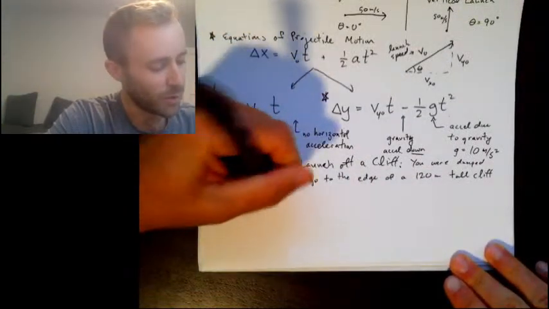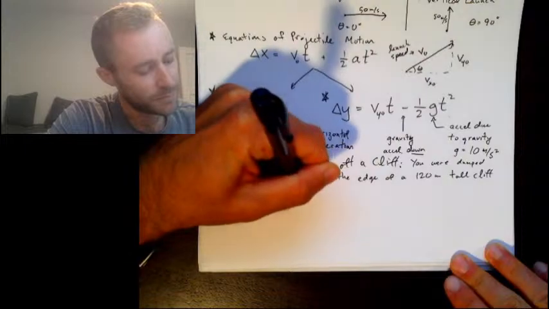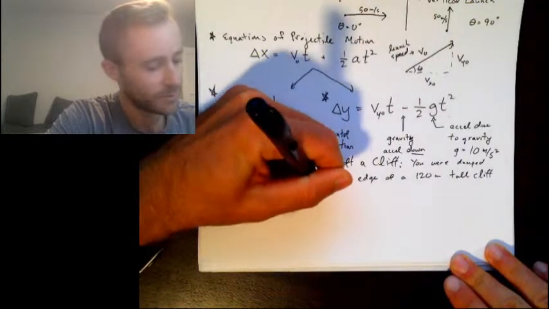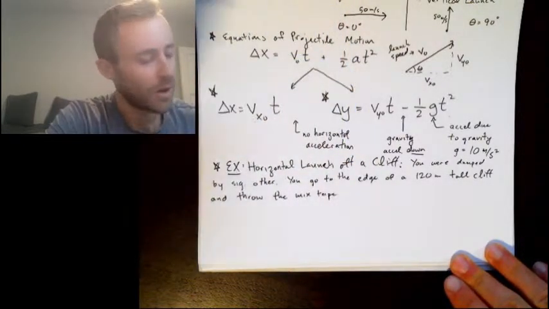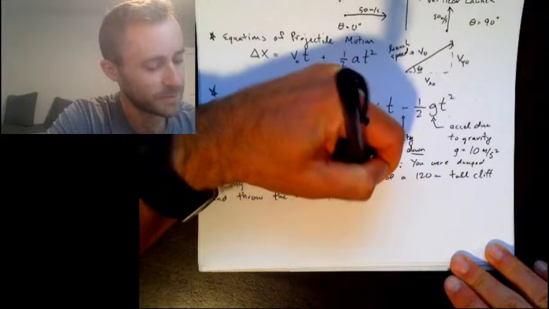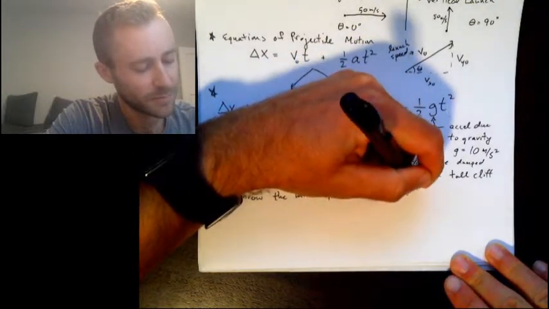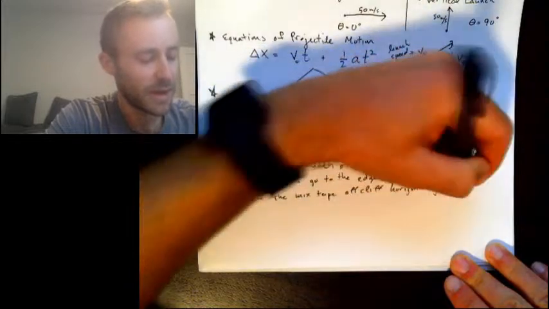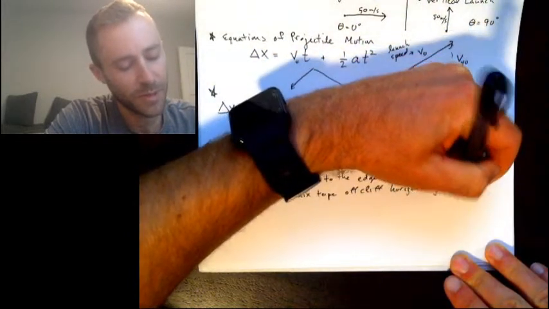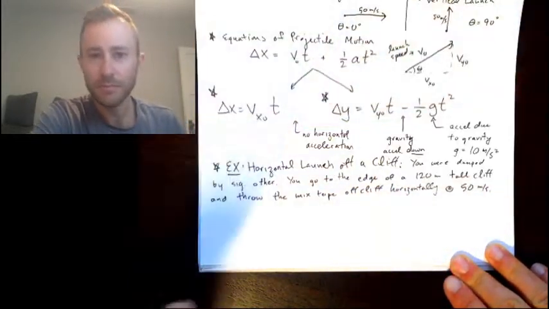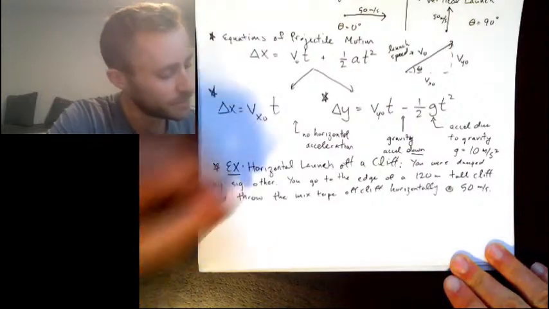So you throw the mixtape off the cliff horizontally at 50 meters per second. Where does it land?